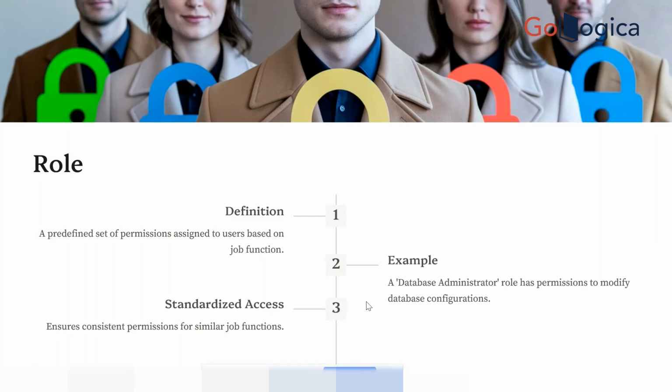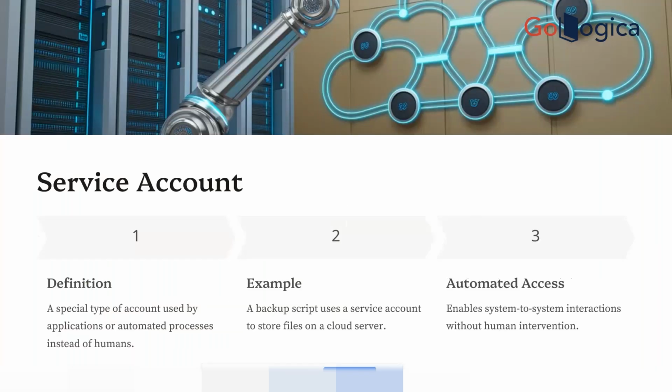Now we have the service account. We have multiple accounts, like an admin account and a privileged account. What exactly is a service account? A service account is a special type of account used by applications or automated processes instead of humans. Just read it one more time.